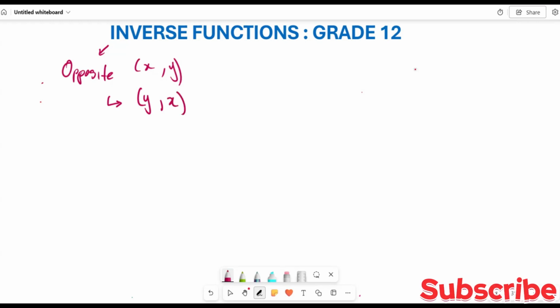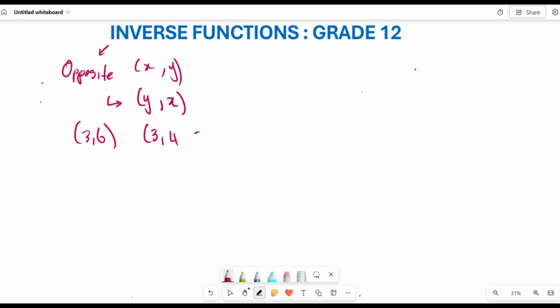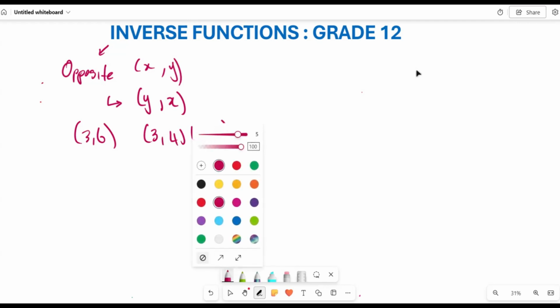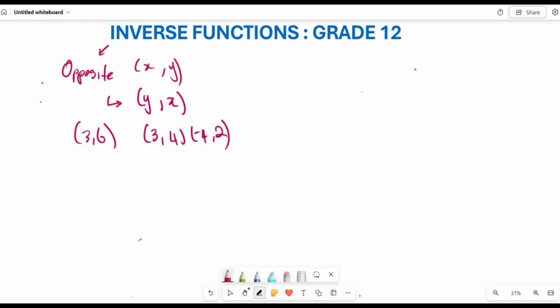Now, for an example, let's say I give you this set of points: you have three, six; three, four; and negative four, two. Say I want the inverse of these particular points.